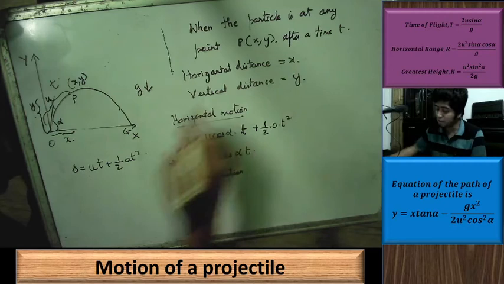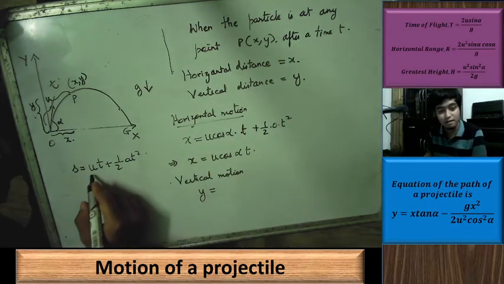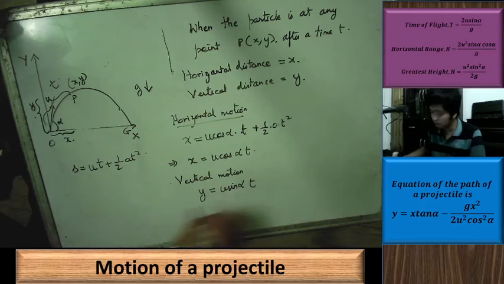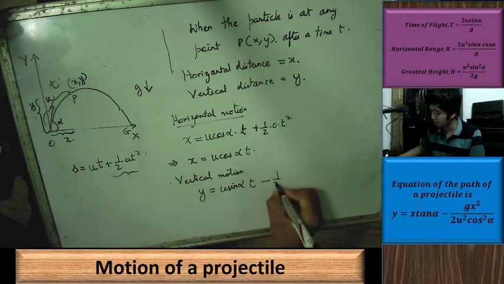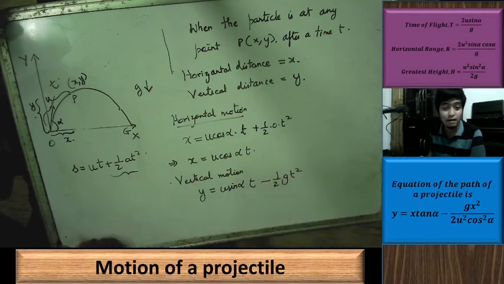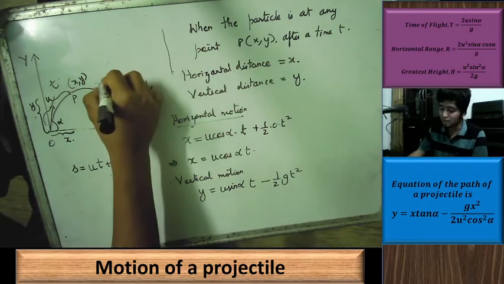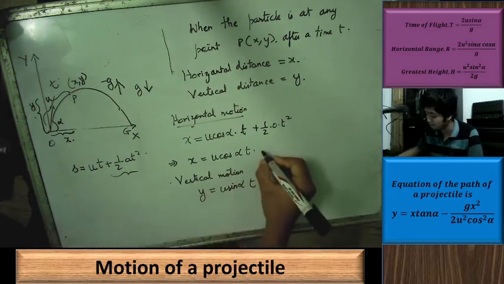For the vertical motion, again s will be equal to y. Instead of u, you will be using u sine alpha t, and over here you will be having minus half g t squared. Again, the acceleration due to gravity that is measured upwards is minus g. So that's why we are having this.